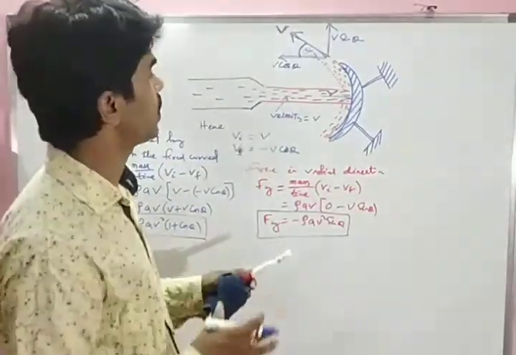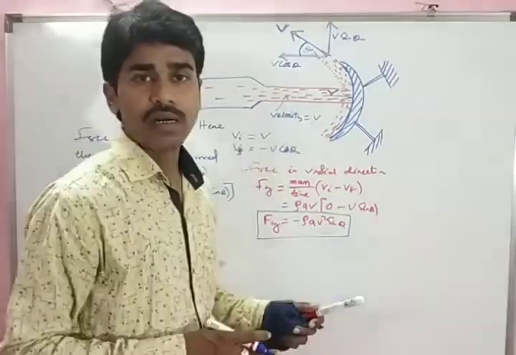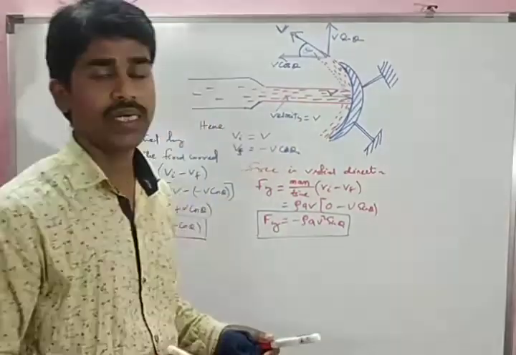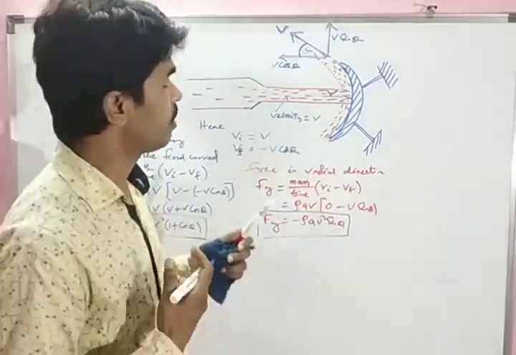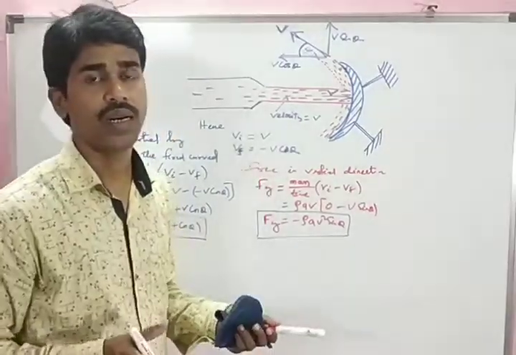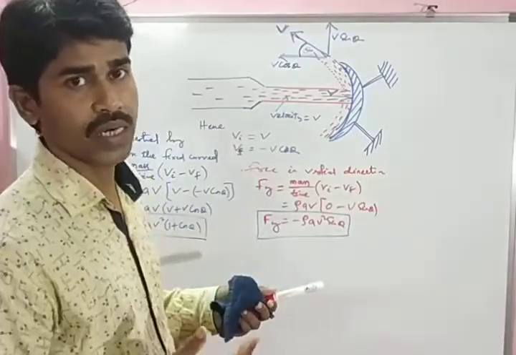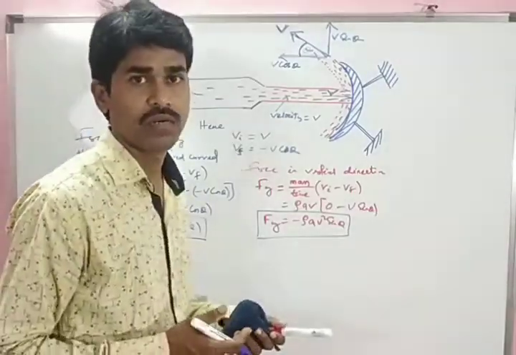In this case, the work done is 0 because the plate is stationary. It is not moving, so there is no displacement, and if displacement is 0, then there is no work.